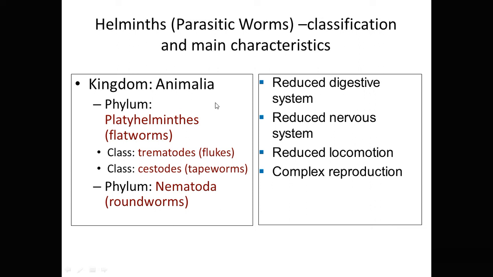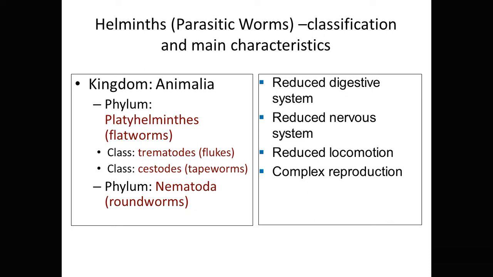They are animals. We have two major phyla that cause diseases in humans: flatworms, Platyhelminthes, with two classes here, flukes and tapeworms, and another phylum, nematodes, so roundworms.